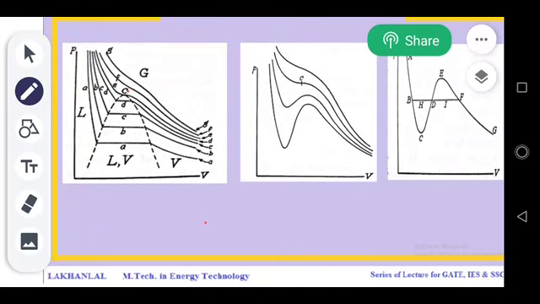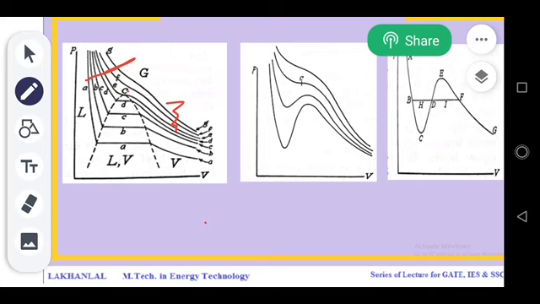So see, this is your vapor dome, and you see these lines are isotherms. This curve is an isotherm. This curve is an isotherm. Temperature remains constant on this line, and these lines are coming like this.